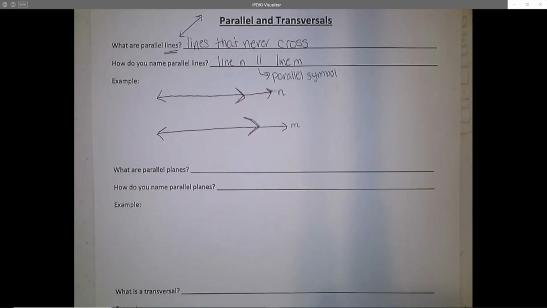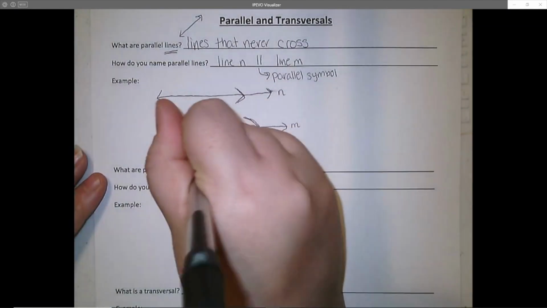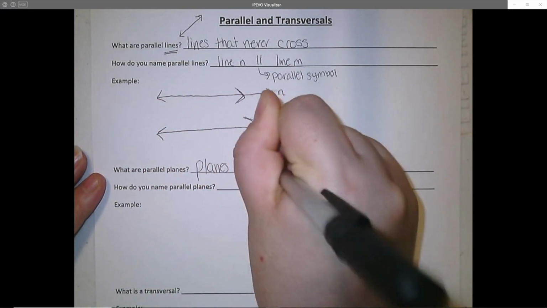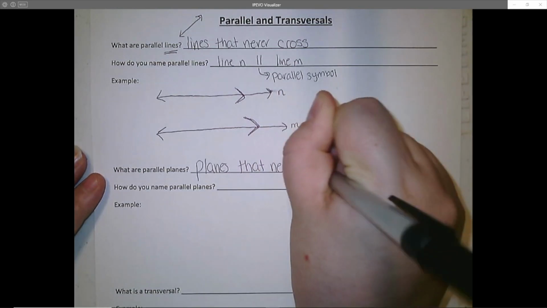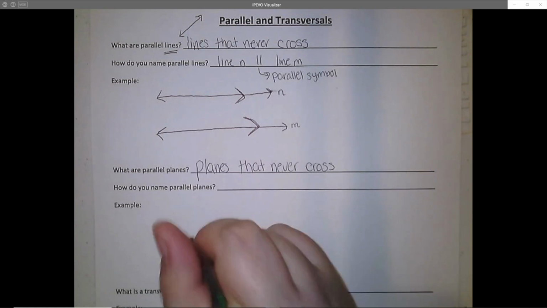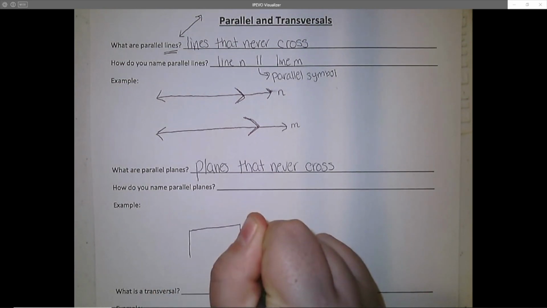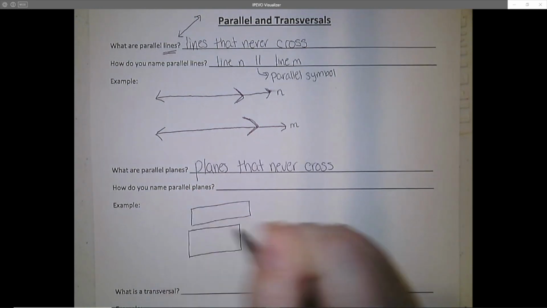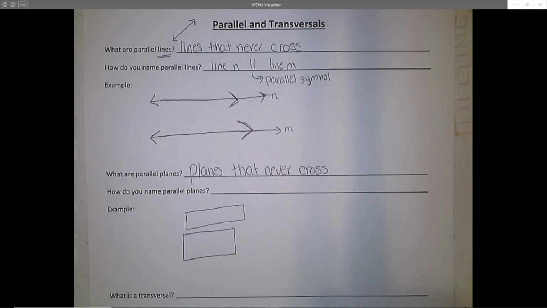Then we get in here to parallel planes. These are planes that never cross. When we dealt with planes, we briefly talked about this, not too much. Planes were what looks like a piece of paper or looks like a box. It's like I have these two boxes and they'd be on top of each other.